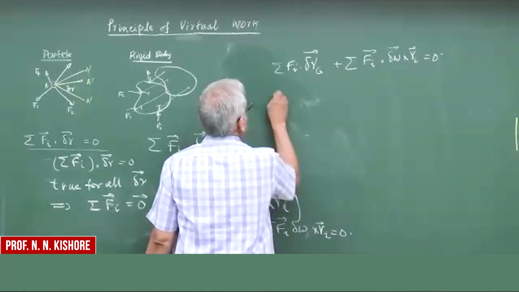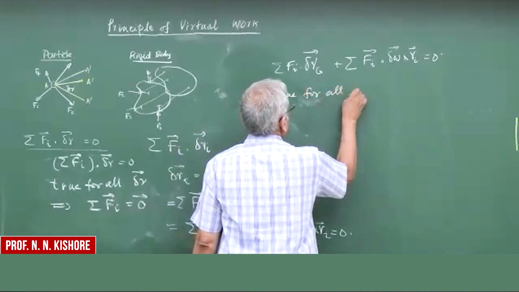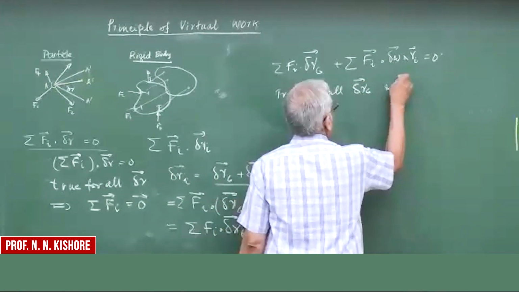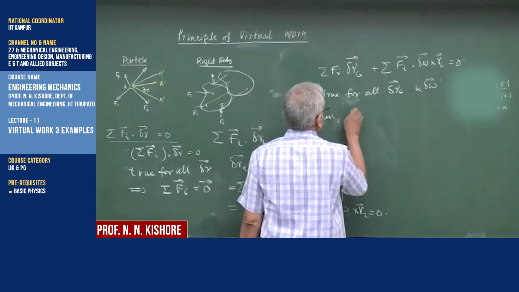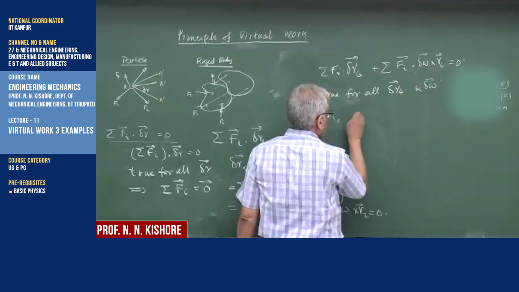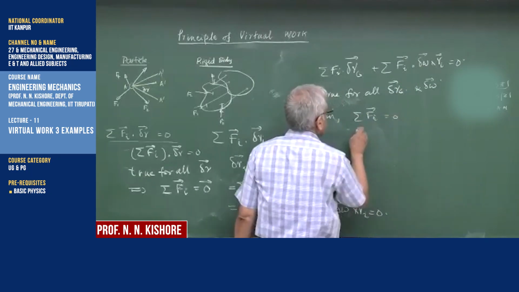So true for all delta R and delta omega, then we can say that this is independently 0, this is independently 0, which means that sigma Fi has to be 0.